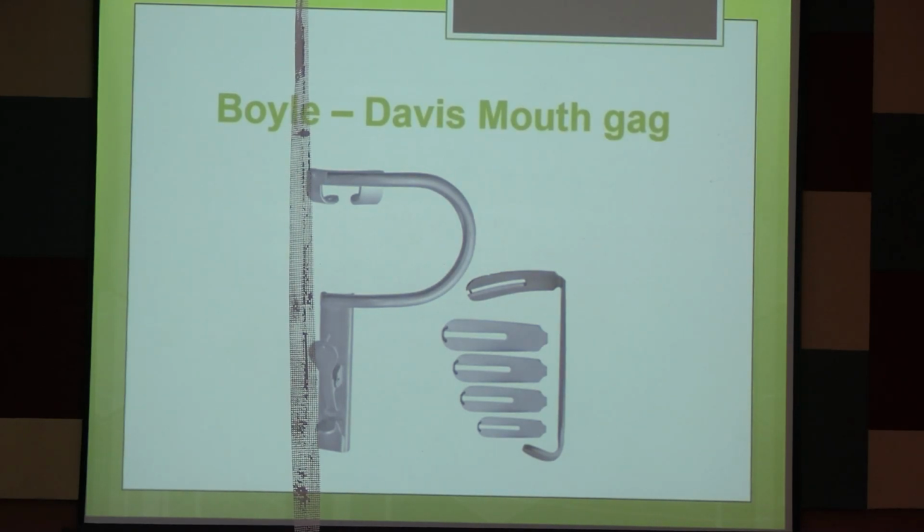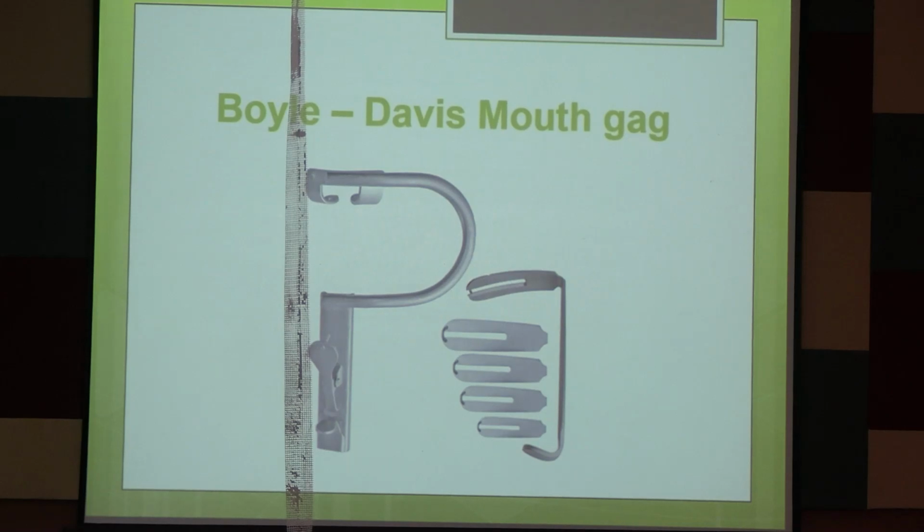At least 50% students will be given this instrument in exam. Okay? It has two parts. This part and this is the tongue blade. Okay? Of different size depending upon the mouth opening. For pediatric, small one, and the adult, bigger one. Okay?